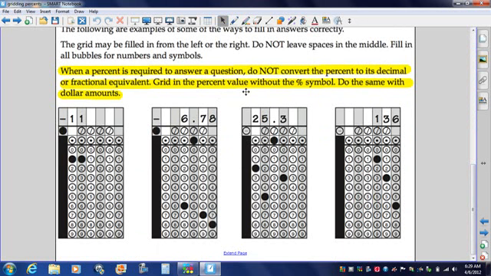Also, we'll do an example in a minute. If we're talking about money, do not put the dollar symbol anywhere in the grid. Percent, just put a number. Money, just put a number. There you go.